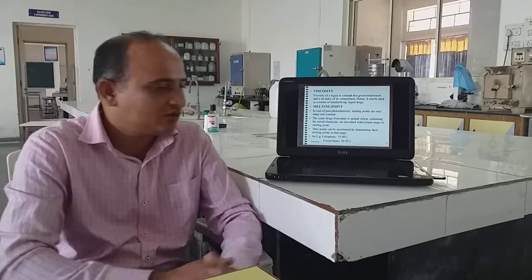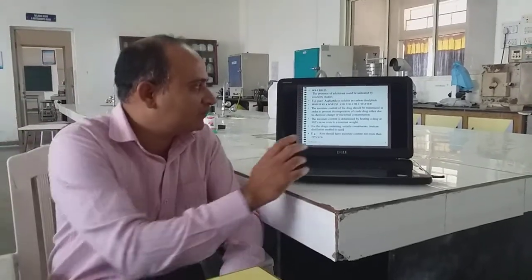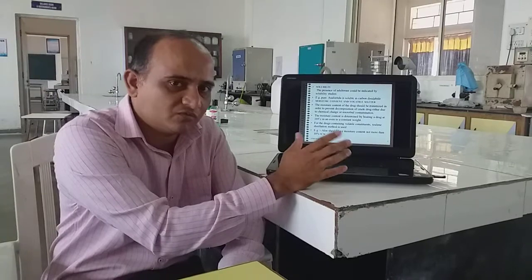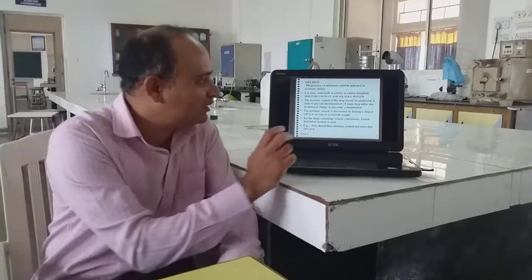Both we can use for the preparation of dosage forms. Next one, solubility. If you take the example of asafoetida, pure asafoetida is soluble in carbon disulfide. So it is one parameter to judge whether it is pure or impure.